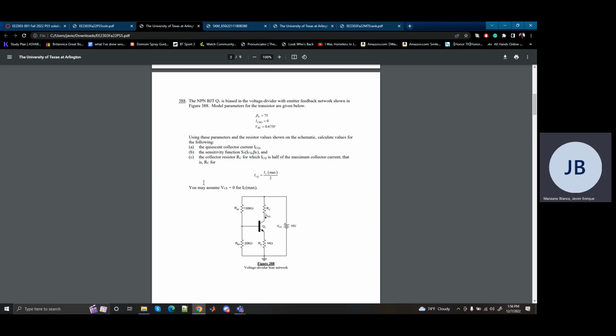Times two, because the way he did it, it's included in the equation, multiplied by two initially. Oh, yeah. If you have ICQ max, but I asked you to bias it at 3/4 of ICQ max, you have to find ICQ max, right?